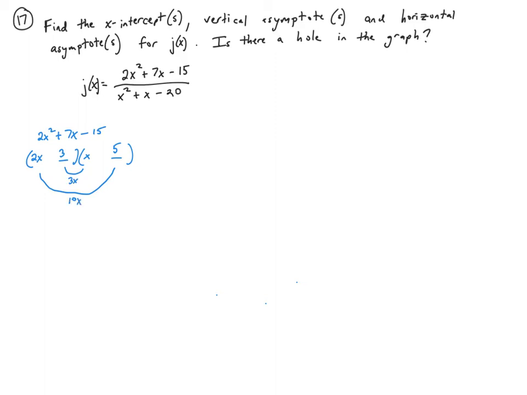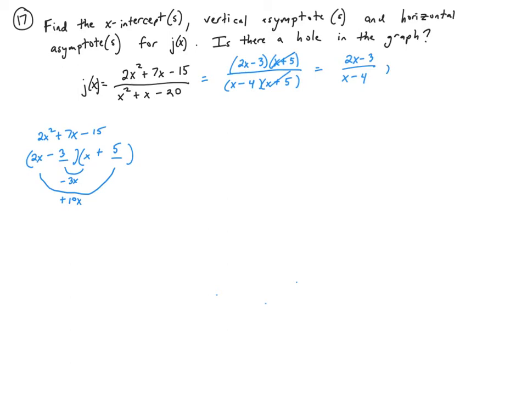We can obtain a positive 7 with a positive 10 and a negative 3. So therefore, minus with the 3, plus with the 5. By factoring, we can obtain 2x minus 3 times x plus 5, all divided by x minus 4 times x plus 5. There's a cancellation. Therefore, we're left with 2x minus 3 divided by x minus 4.